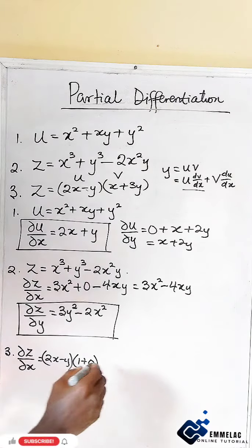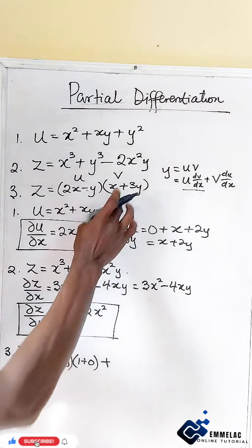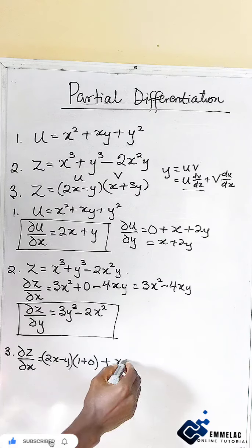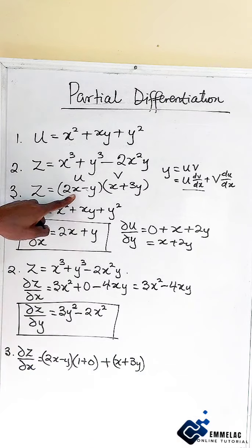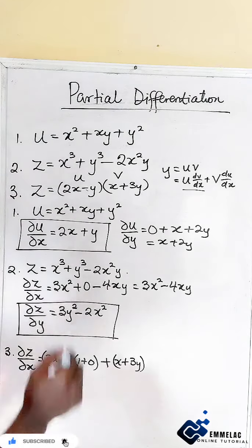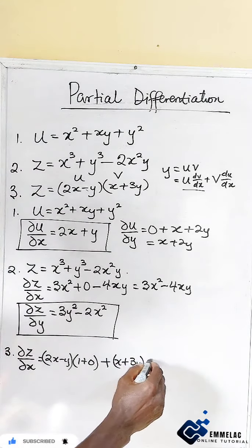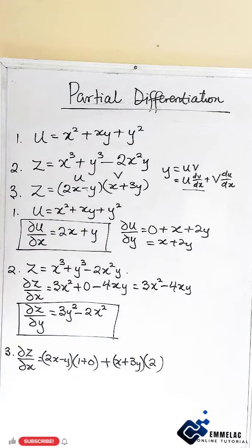Now plus, we are going to keep v constant. That will be x plus 3y. Now differentiating u, which is 2x minus y, we tend to have 2, because y here is a constant.